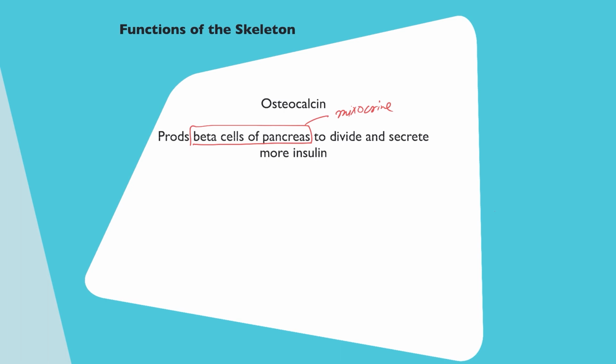Now, beta cells are known to produce insulin. Osteocalcin prods beta cells to divide and give you more insulin. And now you know insulin is important for uptake of glucose by the cells of the body. So that is why it's very, very important for us.